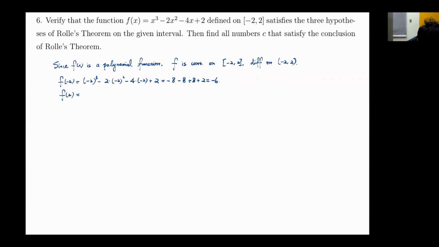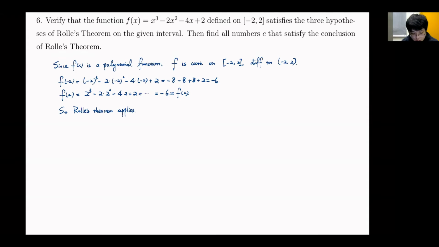Then f of 2 is equal to 2 cubed minus 2 times 2 squared minus 4 times 2 plus 2, and the answer will also be -6. So f of -2 equals f of 2. That way, Rolle's theorem's conditions are verified, so Rolle's theorem applies.